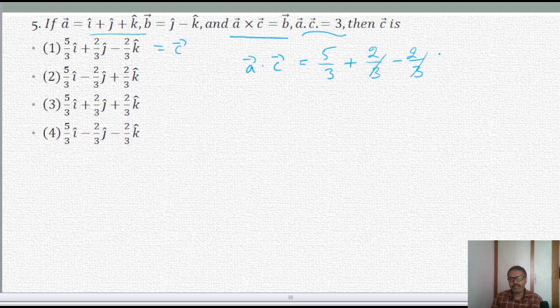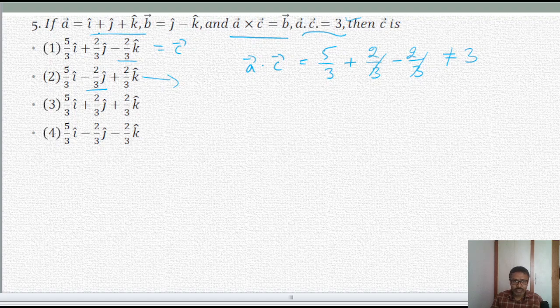These two will get cancelled, which is not equal to 3. But here the condition given is that it is equal to 3. So option A is ruled out, it is not possible. Option 2 is also ruled out because here the k coefficient is minus 2 by 3, here the j coefficient is minus 2 by 3.